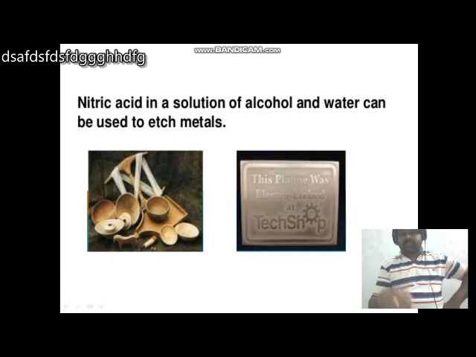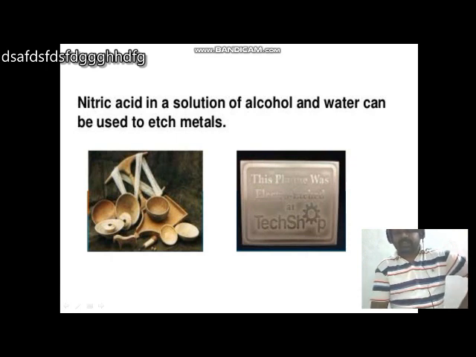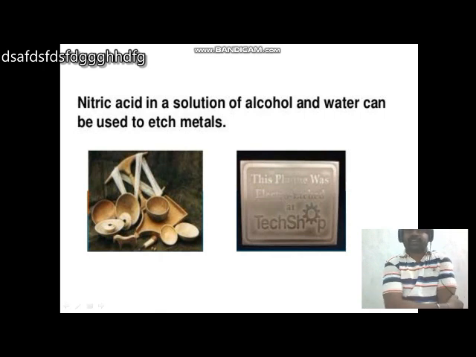Here, on the right side, you can see one word: TECHSHOP. The total area is made of metal, but the TECHSHOP lettering is a kind of letter design. While they are making that letter design on the metal, they use nitric acid.